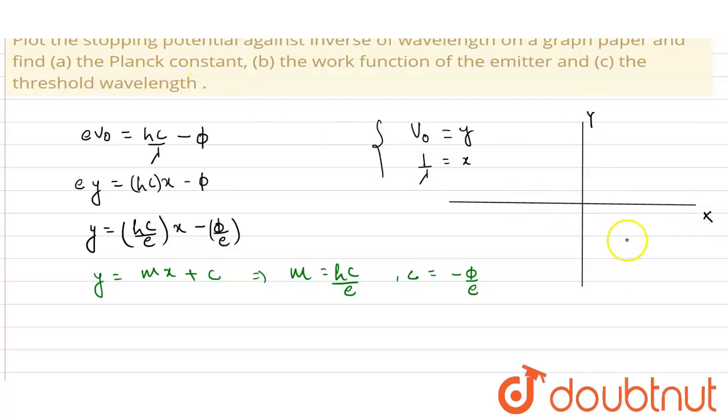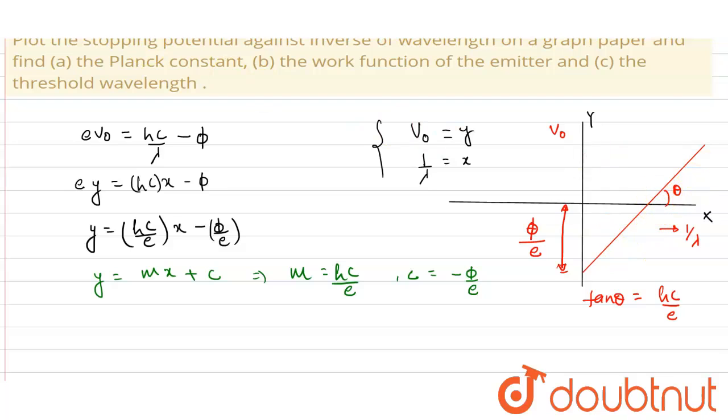On the x-axis it is 1 by lambda, and on the y-axis it is the stopping potential V naught. Now we can see that the intercept on the y-axis is minus phi upon e, so the graph will look like this. Correct? And this distance is phi upon e. And the slope over here, that tan theta will be equal to hc upon e. Correct? So the graph between the stopping potential and the inverse of the wavelength will be this.